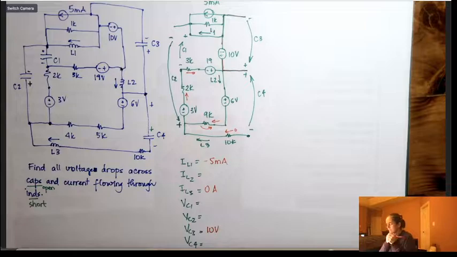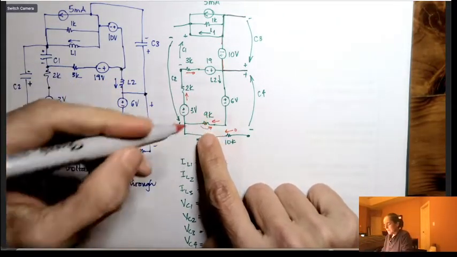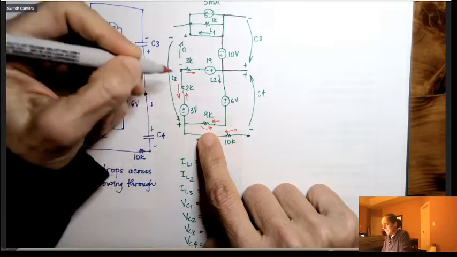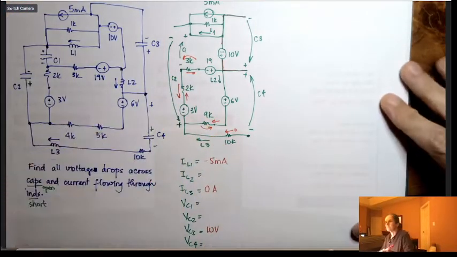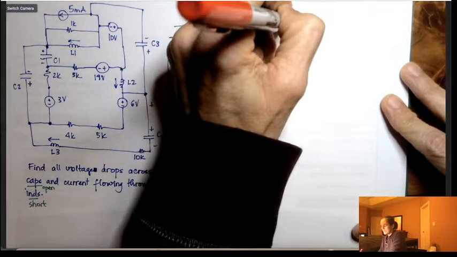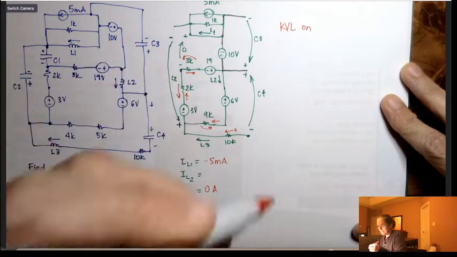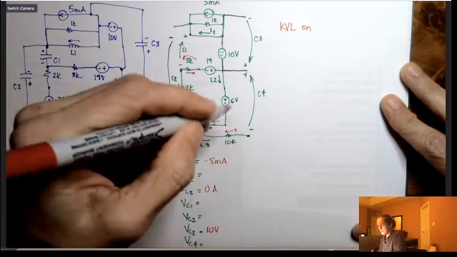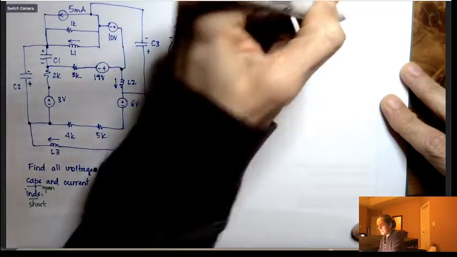So first let me find this IL2, because as soon as I have IL2, I'm going to have all these voltage drops here. So let me do KVL on this loop here, on the main loop, on the L2 loop.